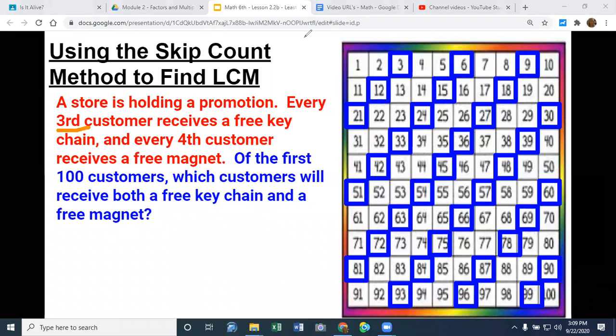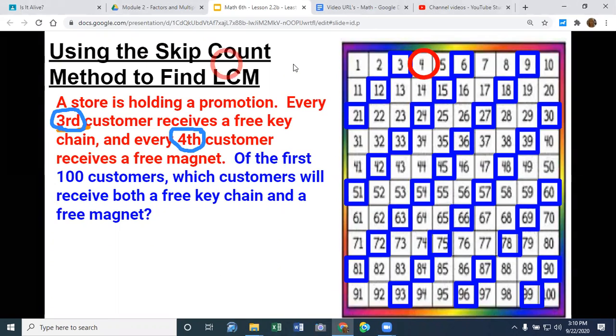I want to change that color to blue. Every third customer. Now we have to circle every fourth number for the other one. They get the magnet. So circles for the fourth customer.